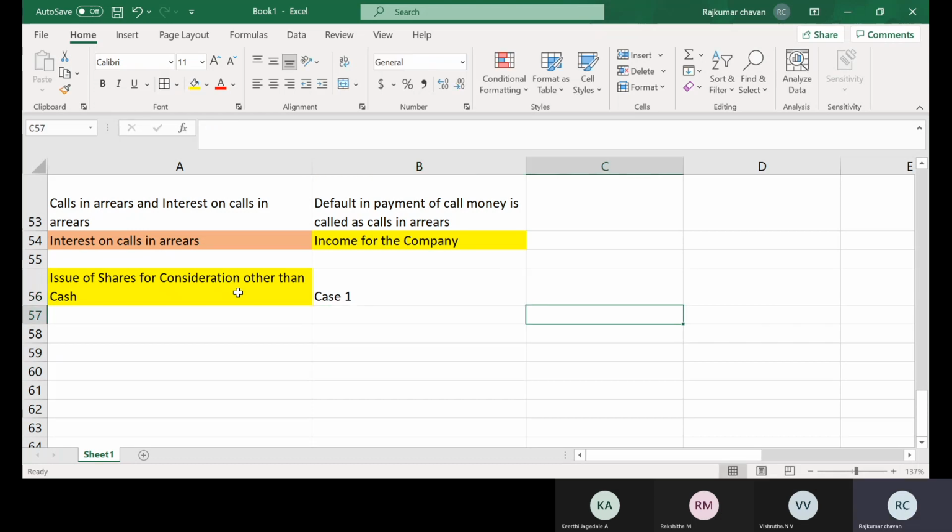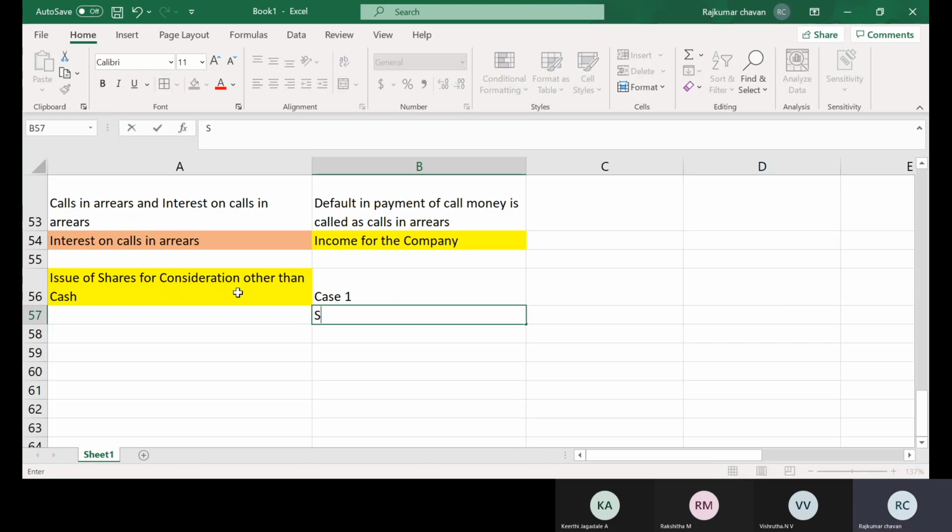In what cases can the company issue shares other than for cash? For example, there are some shares which are issued to the promoters of the company.